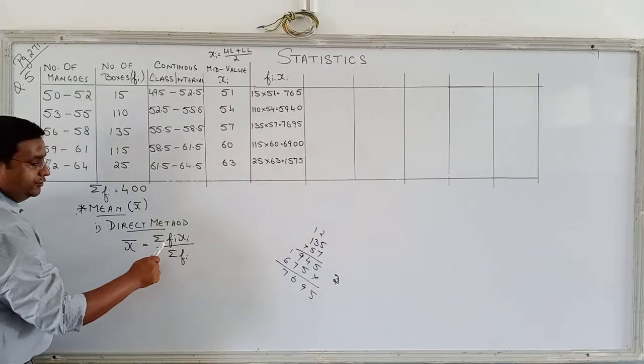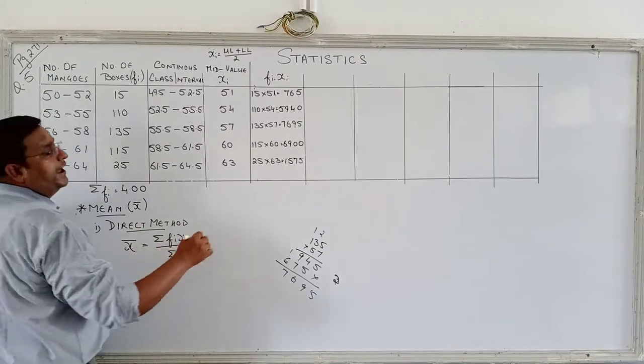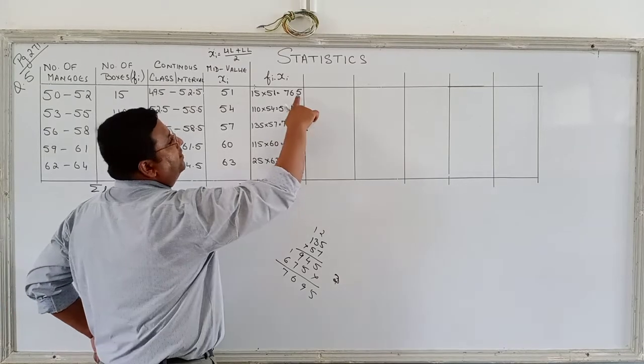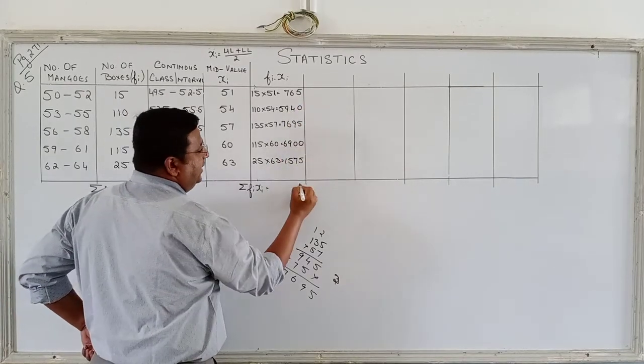Now we work according to the formula sigma fi into xi. Add all of them, sigma fi into xi. 5 and 5, 10 and 5, 15.